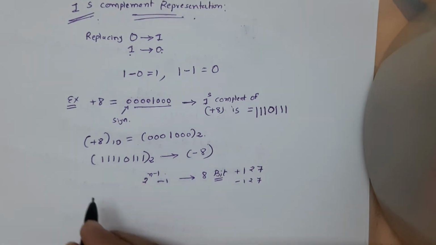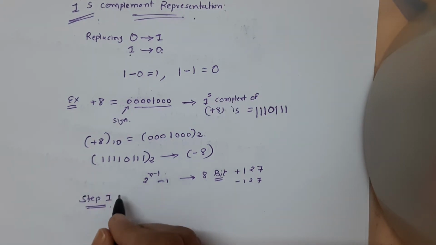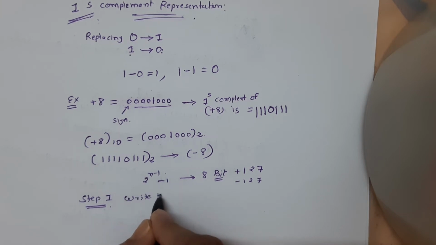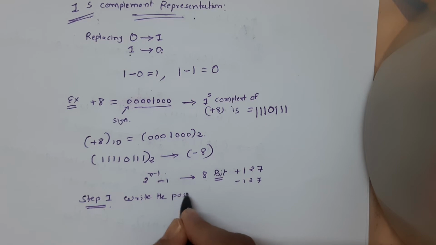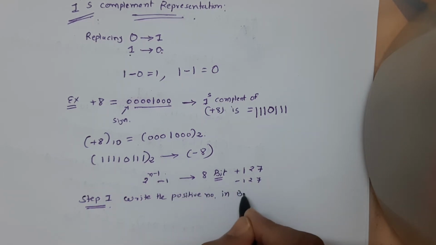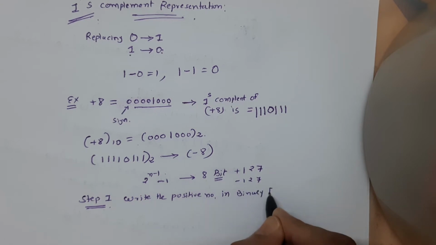So here are two steps to convert to the ones complement representation. Step 1: write the positive number in binary form.